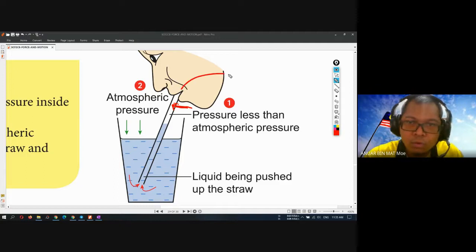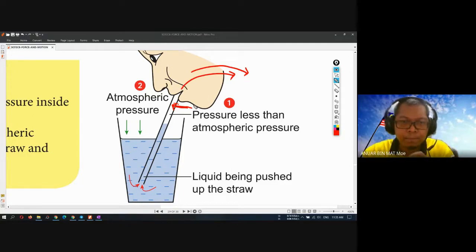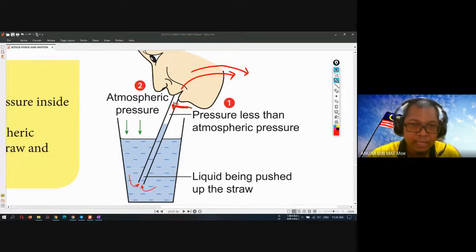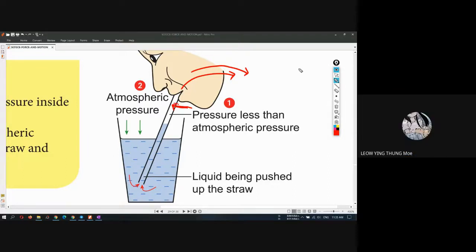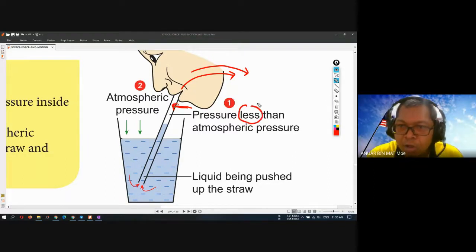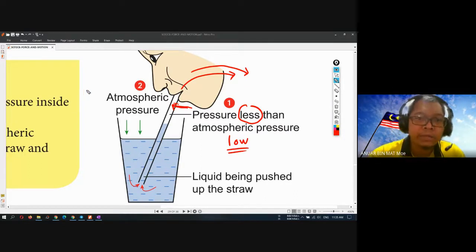We try to remove the air inside the straw, right? We want to suck this up. So the pressure inside the straw becomes higher or lower? Lower. Yes, lower air pressure inside. So air pressure outside, number 2.